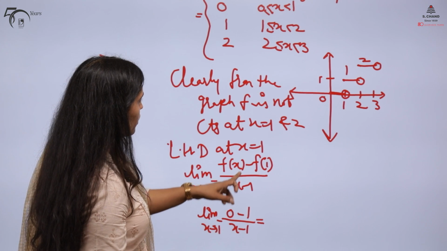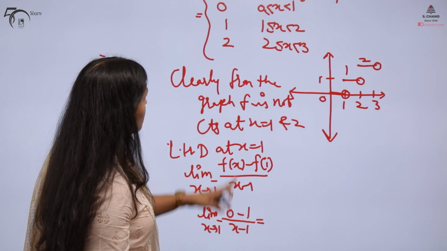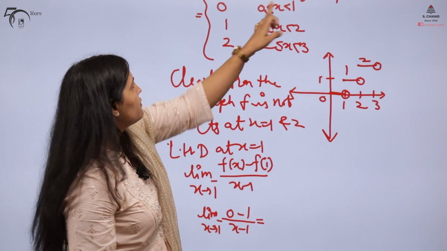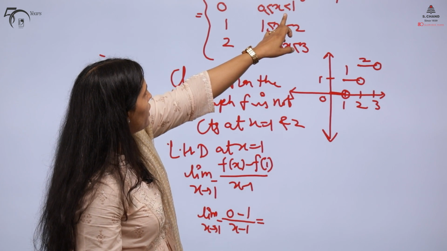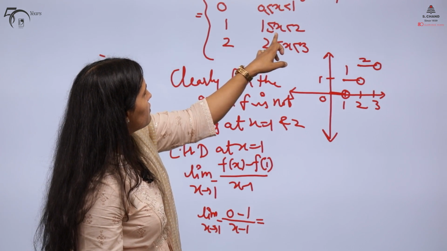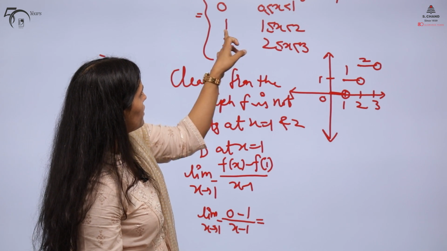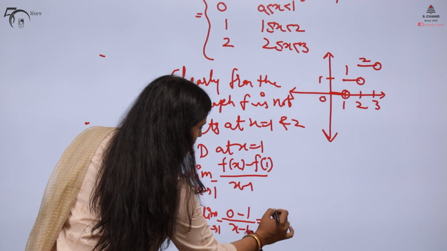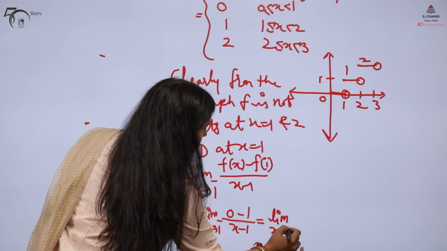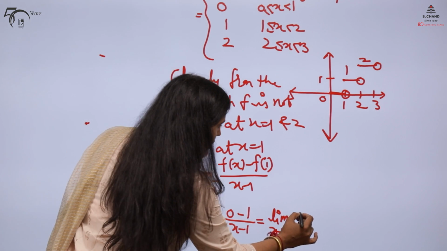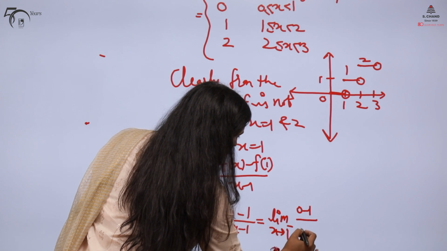So, when you are substituting the value, f of x, you can clearly see, moving on the left hand side, it is giving you 0. Then f of 1 is clearly from this definition 1 only. So, it is limit x tending to 1 minus, 0 minus 1.